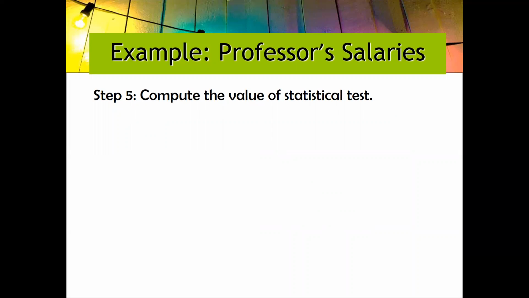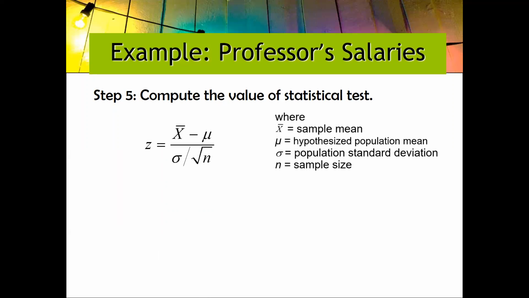We're going to compute the value of the statistical test. Since the population standard deviation is known, the z-test formula will be used to find the test value. The formula is z equals x bar minus mu over population standard deviation divided by the square root of n.